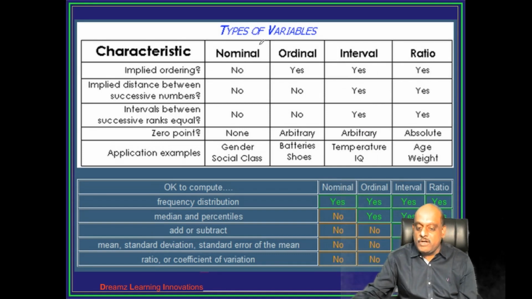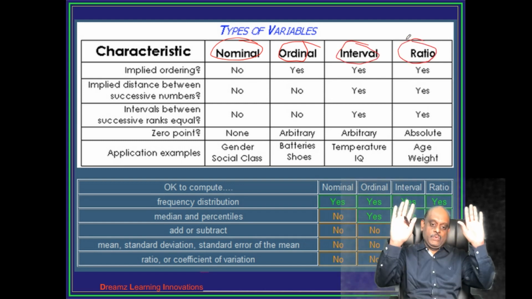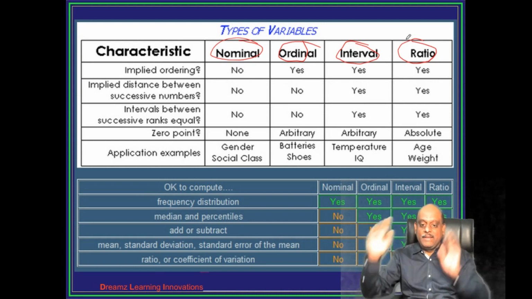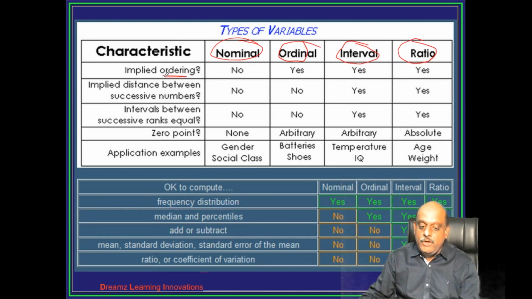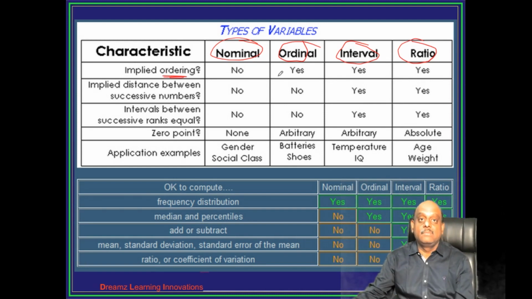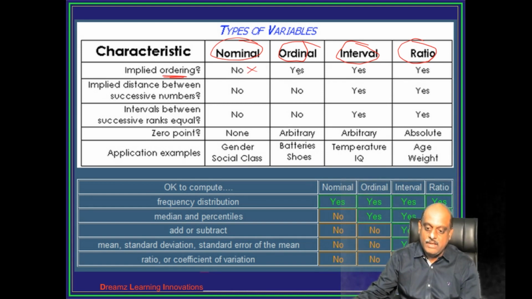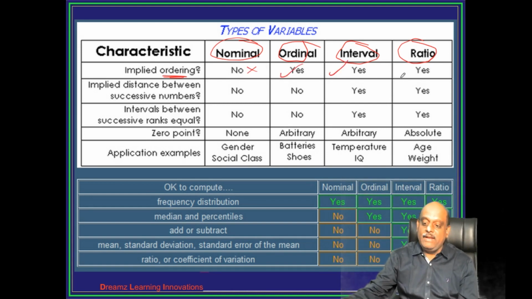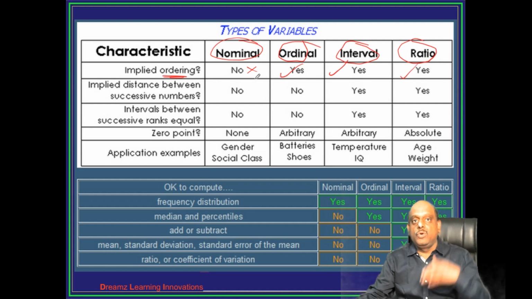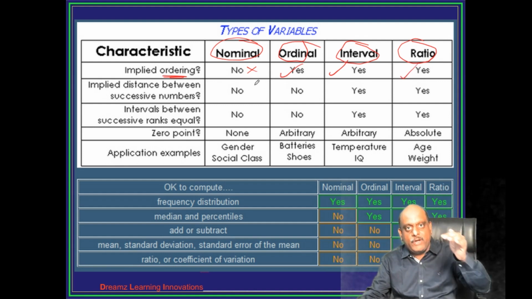So quickly tell me, doctor, nominal scale, ordinal scale, interval scale and ratio. Understood? Now, can you do ordering? No sir. In nominal we cannot. In ordinal, interval, ratio, we can do order: higher order, middle order, lower order, lowest order.